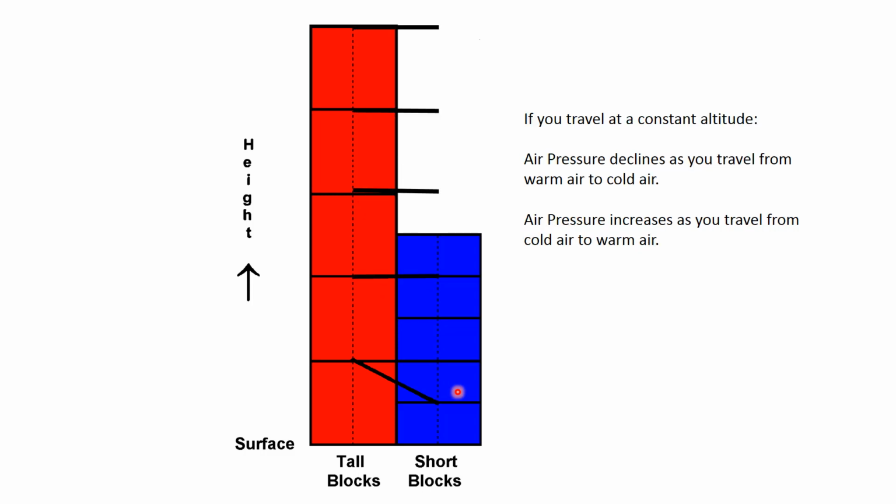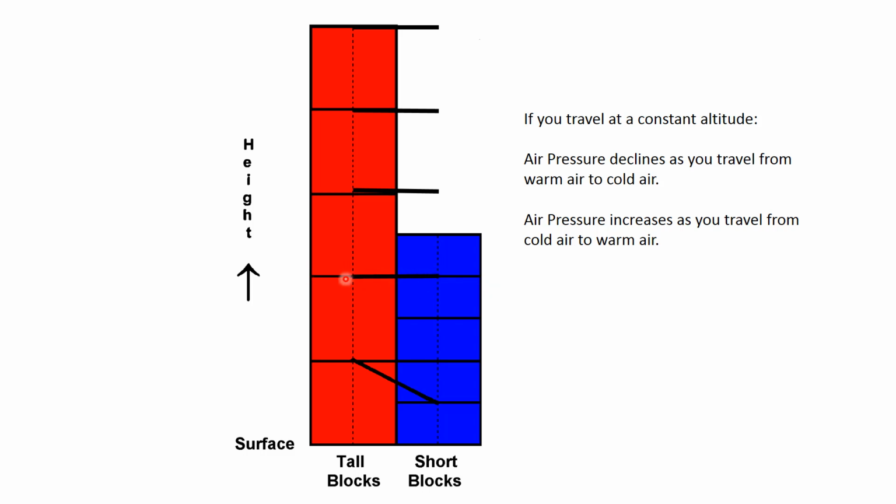On the other hand, if instead of traveling at a constant pressure level, I travel at a constant altitude, that's going to cause air pressure outside to change. In this case, if I start in a warm city and fly to a cold city, even if I maintain the same actual altitude, my pressure outside is going to decline. So, for example, let's say I'm at this given altitude right here.